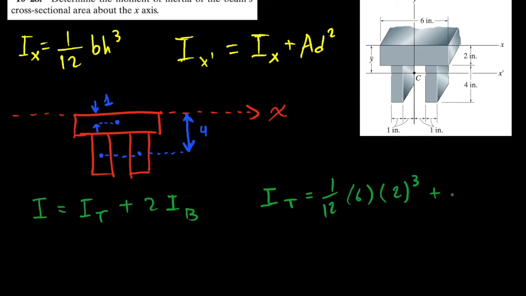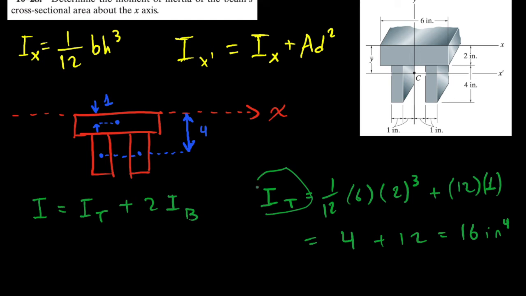So our area is 6 times 2, which is 12, and our d squared is 1 squared, which is also 1. So we have calculated this value. So that will be 8 times 6 over 12, that's 4, plus 12 is 16 inches to the power of 4. So that's the value of our I sub t.